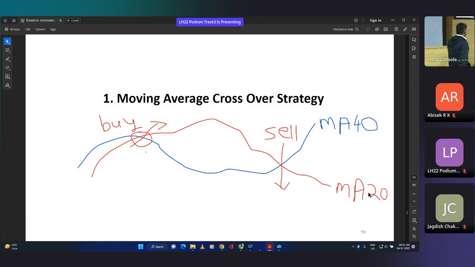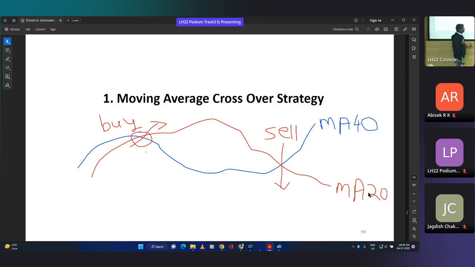In this strategy there are two moving averages, a smaller and a larger one. For example, I have taken n equal to 20 as one moving average and n equal to 40 as the other. The common belief is that whenever the shorter moving average crosses the larger moving average in the upward direction, the price generally goes up, so this point is a buy point.